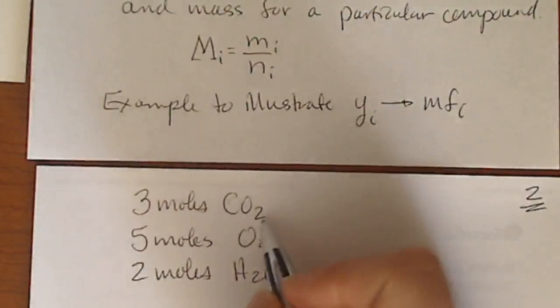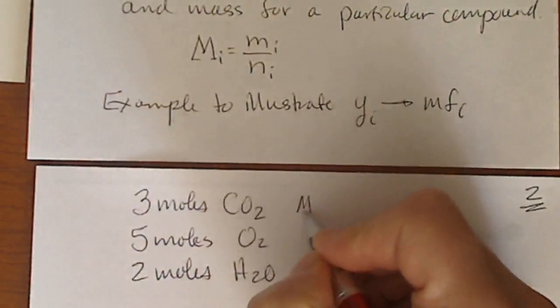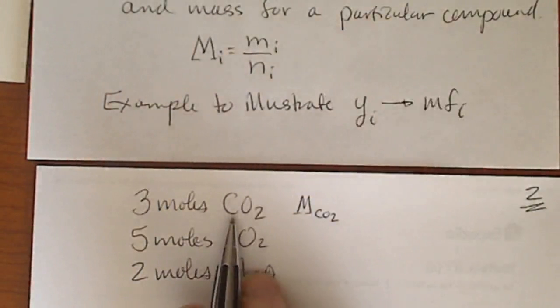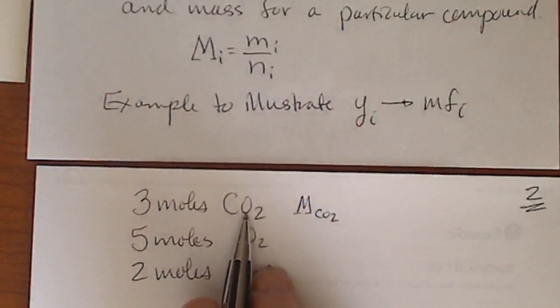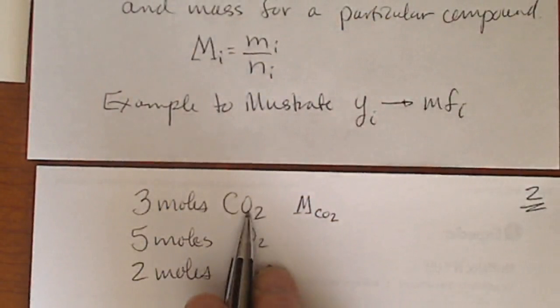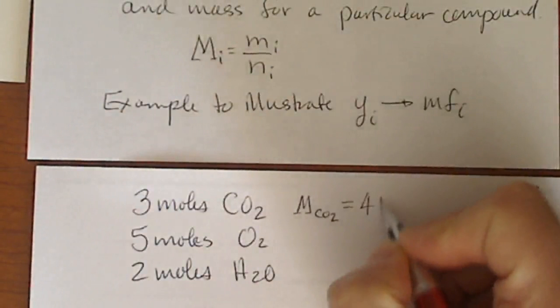But what are the molar masses for these? I'll put molar mass for CO2. If you look it up in the table, they'll give it to you very precisely, but very approximately, each oxygen is 16. So 16 times 2 is 32, and each carbon is 12. So the molar mass of CO2 is about 44.